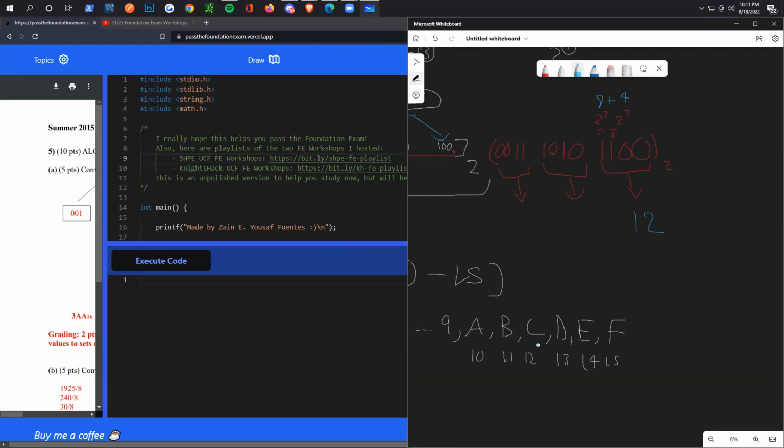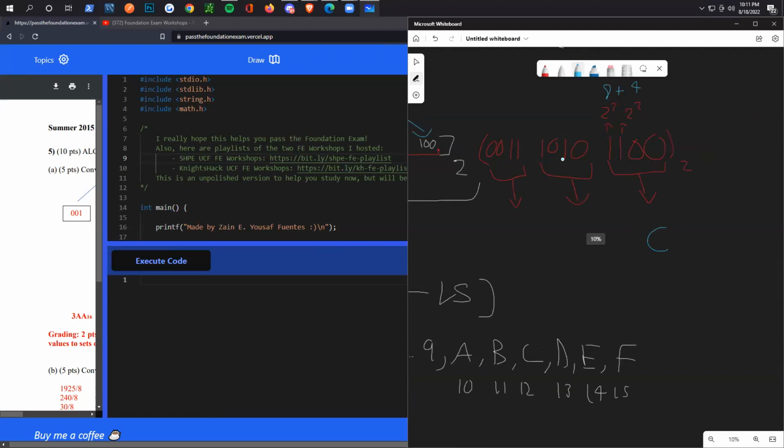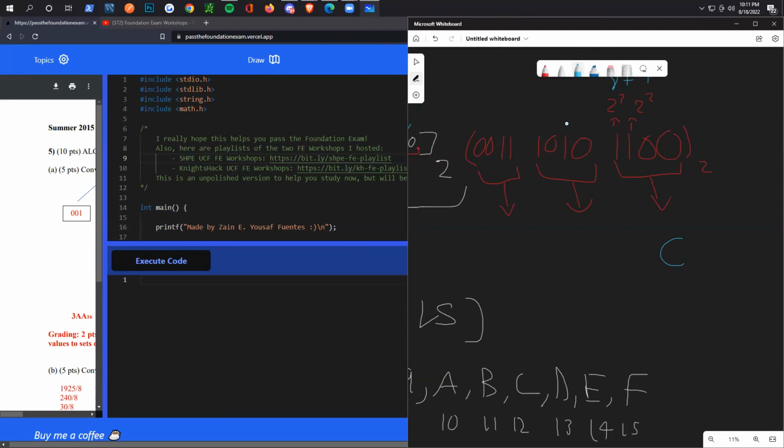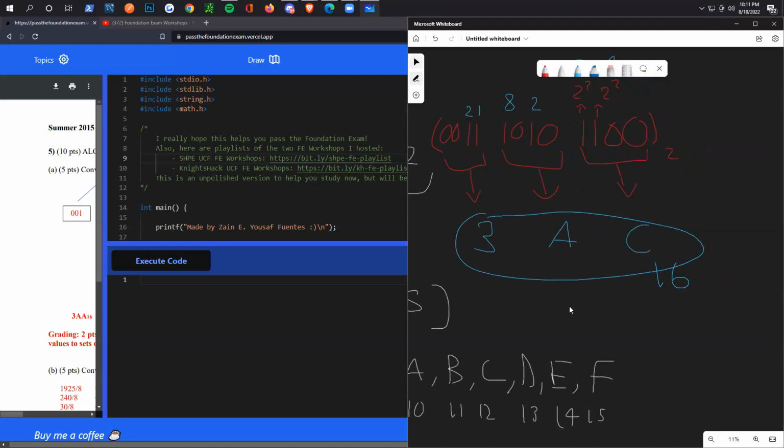And 12 is just going to be C. And this right here, this is 2, and this is 8, so this is just 10. 10 again is A. And this is 0, this is 1, and then this is 2, so that's going to be 3, and 3 is just 3. So this is going to be our final answer in hexadecimal.